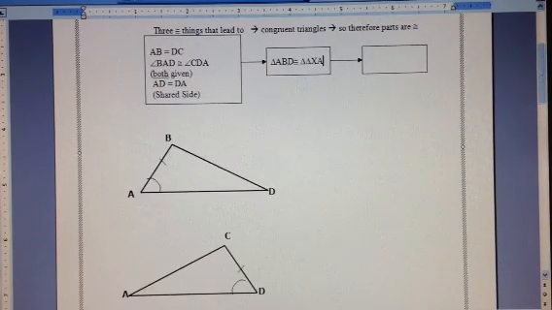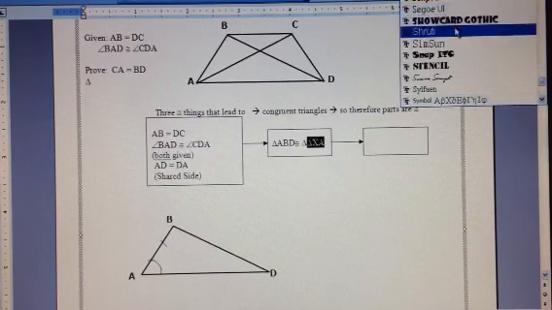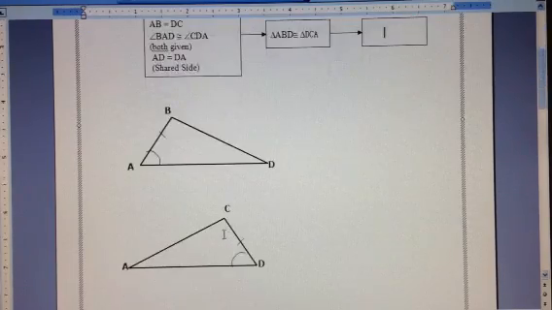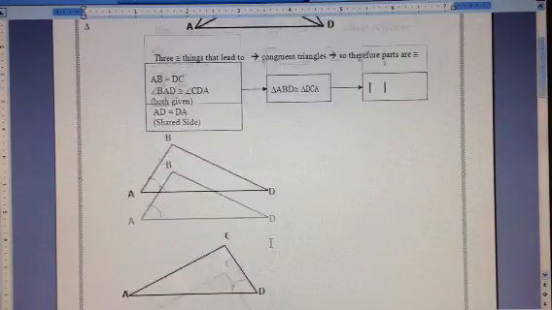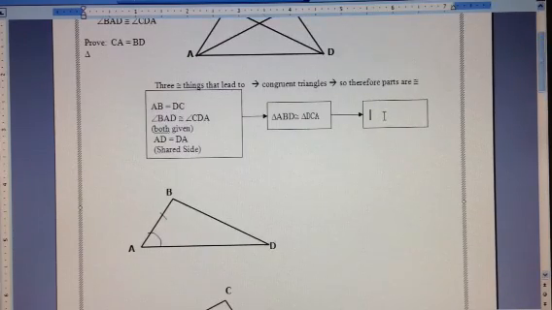And that, of course, would lead, if you take a look here, to what we had to prove: that CA and BD are the same length. Well, CA and BD are the corresponding parts of congruent triangles. So we can say what we wanted to prove, CA equals BD.